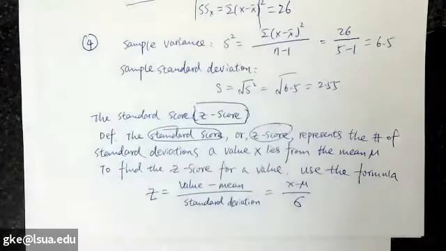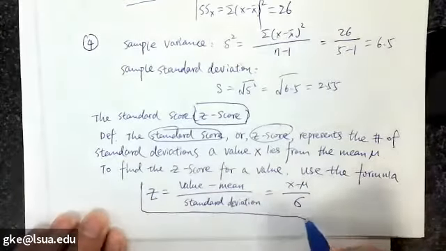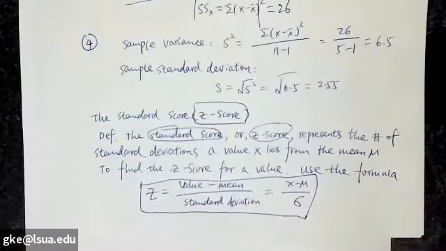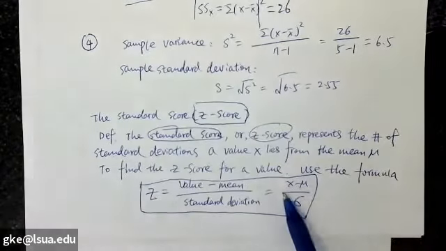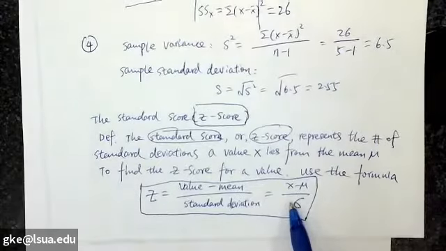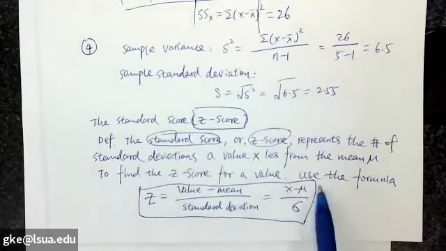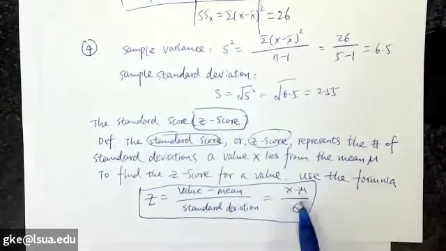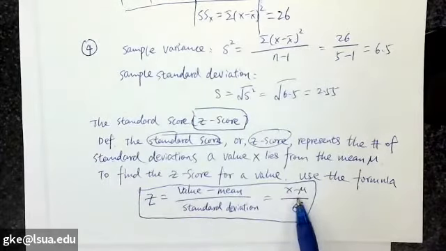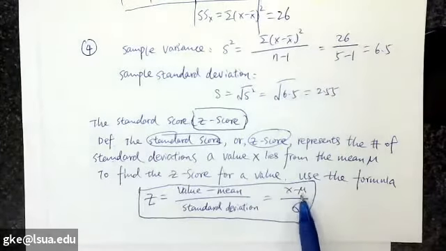The most important thing is I want you guys to memorize this formula: the entry minus the mean value divided by the standard deviation. Here we use mu and sigma, which means we calculate the z-score for the population, because we use mu and sigma.